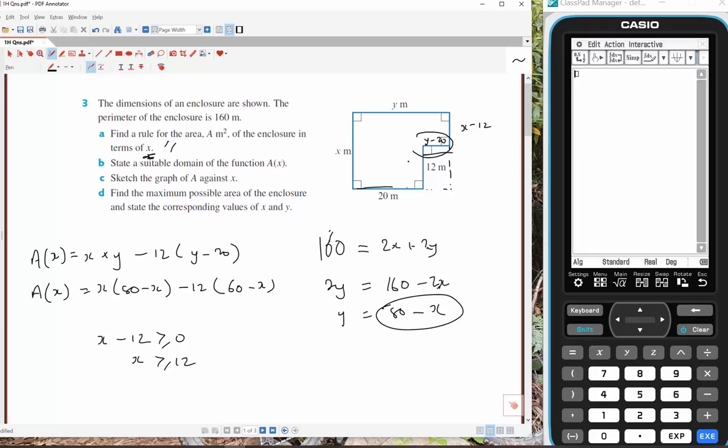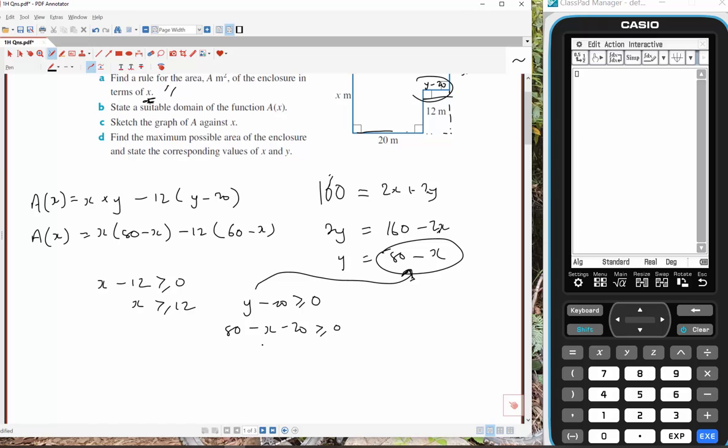What about this one here? Well, y take 20 similarly has got to be greater than or equal to 0. That part there, it's got to be greater than or equal to 0. Now, because we found y in terms of x, what we can do is just bang 80 take x in there. So 80 take x take 20 has got to be greater than or equal to 0.